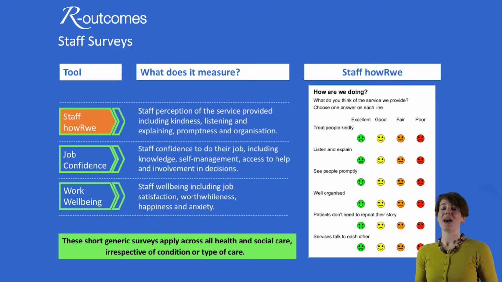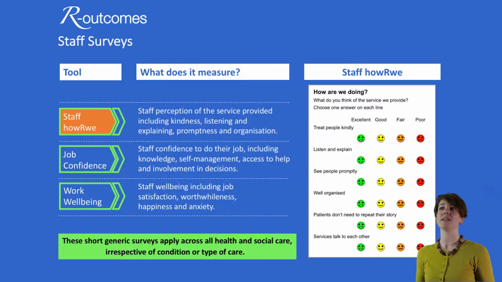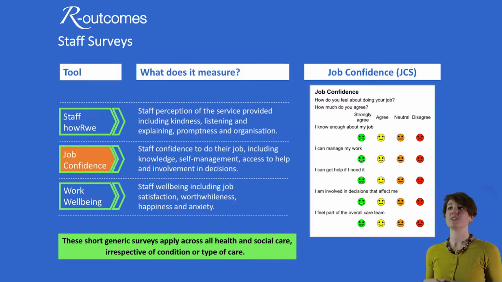We also have a staff and carers survey, and again there are 4 tools that sit within this. There's the staff how are we, which measures the staff perception of the service, including kindness, listening and explaining, and promptness and organisation. Job confidence, which looks at staff's confidence to do their job, including knowledge, self-management and access to help, and involvement in decisions.